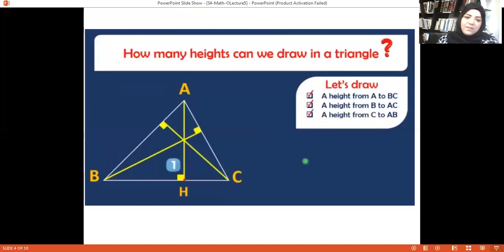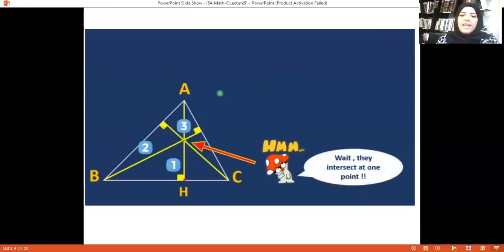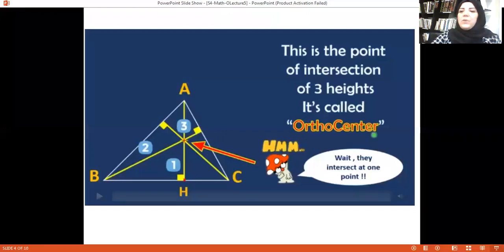Okay, so this is the first height, AH, from A to BC, from B to AC, and from C to AB. Now, as you can see, we say that the three heights are concurrent. They are concurrent at a point, and this point we call the orthocenter.